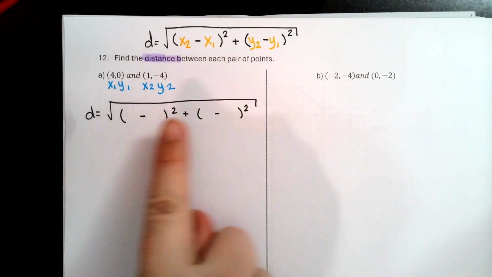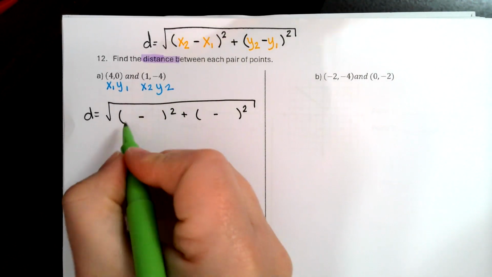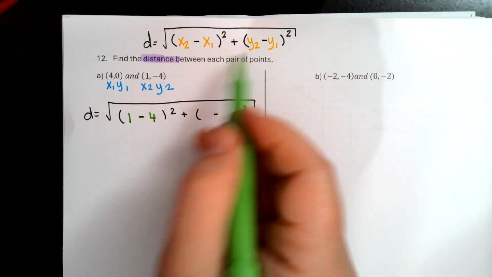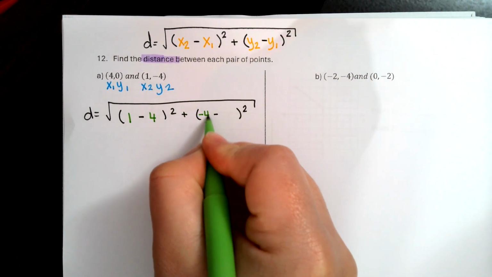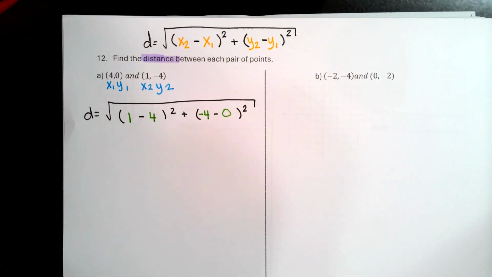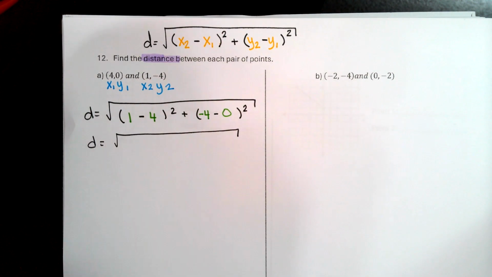So this right here that I have, this should be your setup. And then you can put in your values. So x2 is 1, x1 is 4, y2 is negative 4, and y1 is 0. Now with each step, you are going to make your square root smaller, your house smaller.